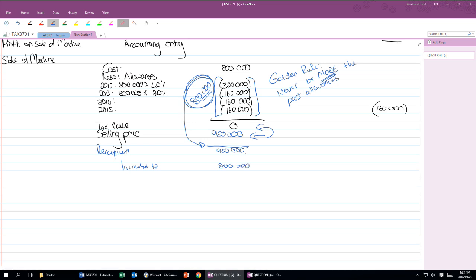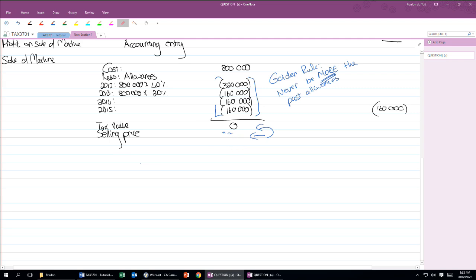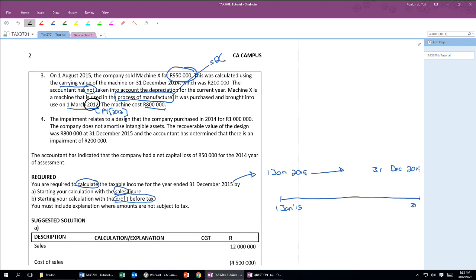However, my recommendation to you would be to always just do the following. It's the simplest method, it is effective, and it will help with your understanding. And that is to say, the selling price that you use over here is the lower of the original cost, 800,000, or the actual selling price, which is, sorry, how much was it again? 950,000.